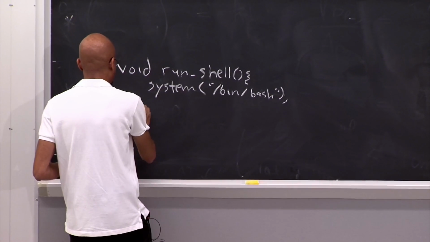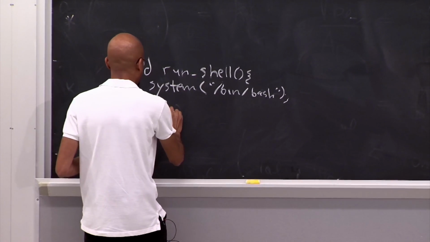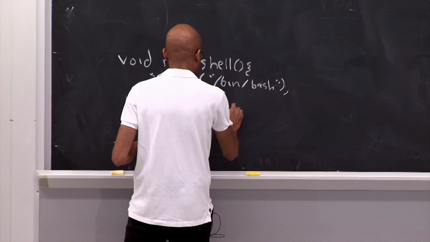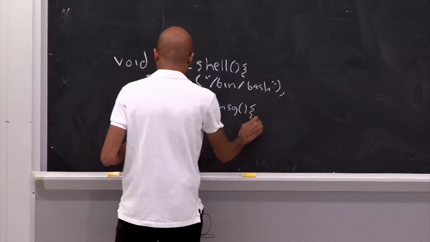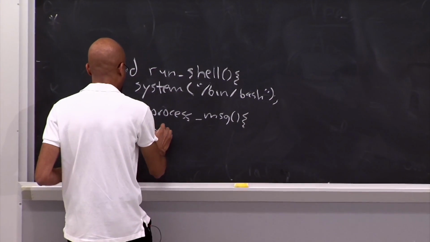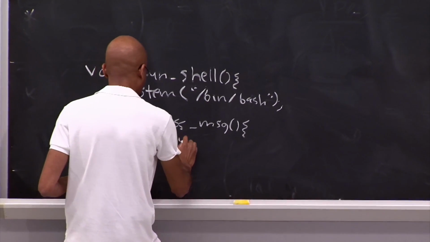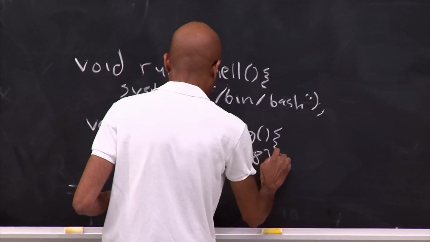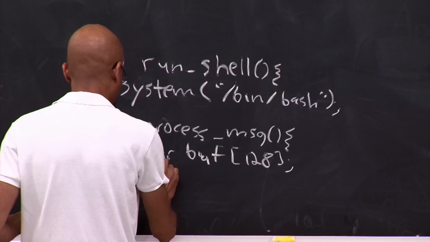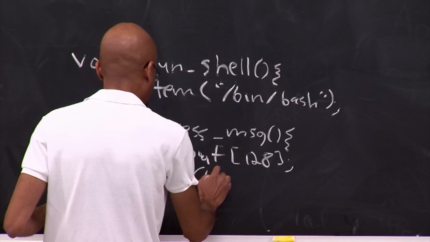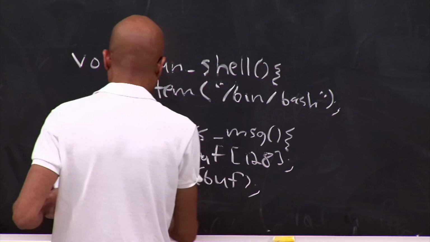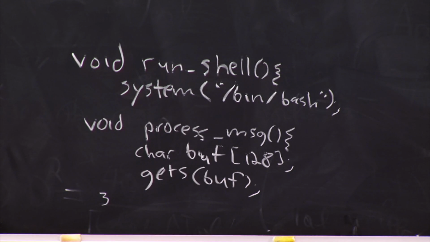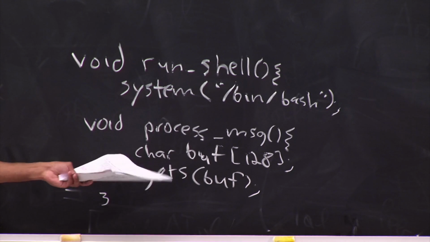And then we've got the canonical buffer overflow function down here. Basically, this thing is going to declare a buffer, and then it's going to use one of these unsafe functions to fill in bytes in the buffer. Okay, so we know that this can be overflown. This is old news.